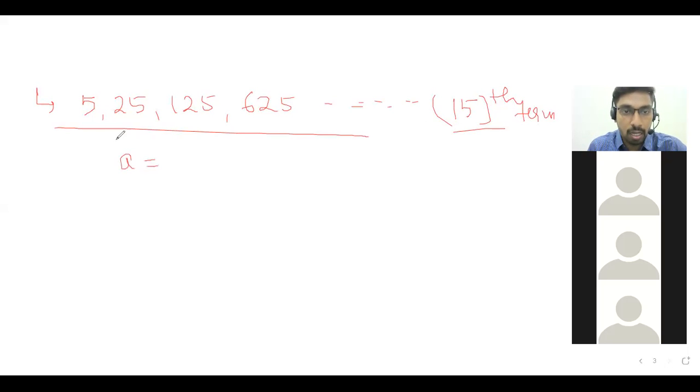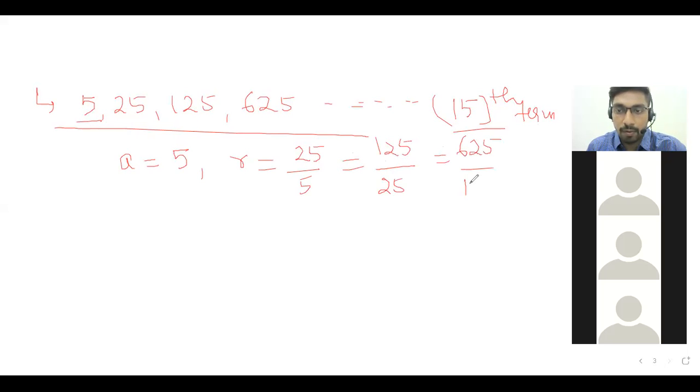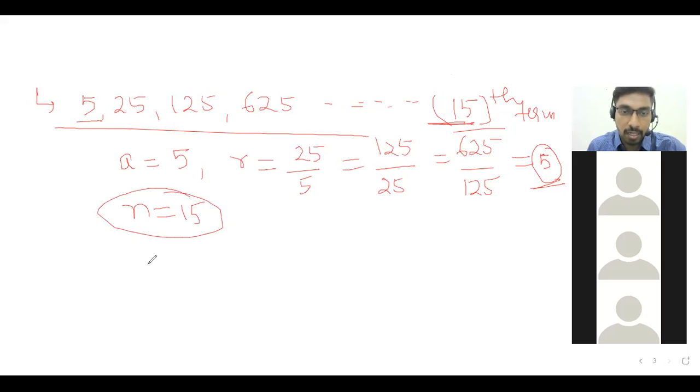First of all, you will calculate the value of A, that means the first term, 5, and R. You can divide any term, like 25 divided by 5, or 125 divided by 25, or 625 divided by 125. Always you will get the same ratio, that is 5. So n is equal to 15, as you have to calculate the value of the 15th term.